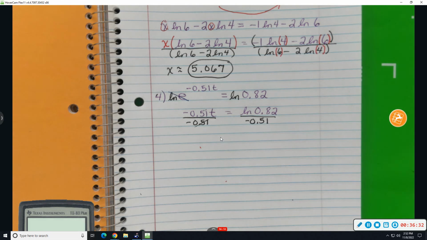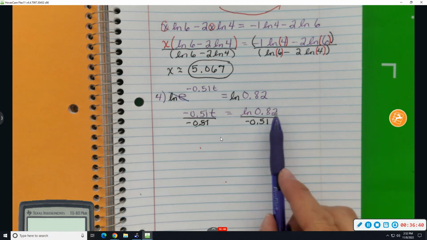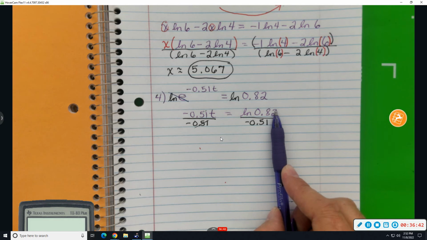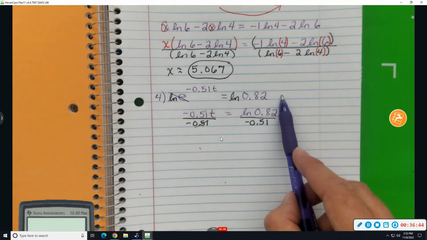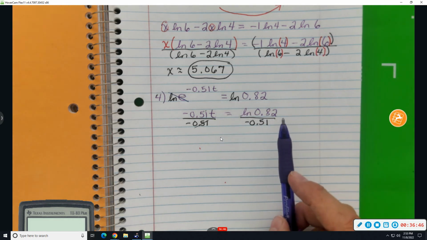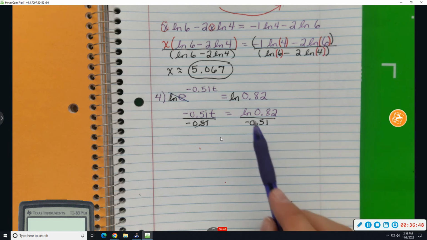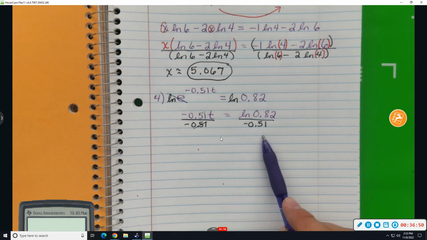That's the stuff we got to punch into our calculator. And there's only one number, that's 0.82 on top, so I don't have to put the parentheses around the top. It wouldn't hurt if I did. I don't have to put parentheses around the bottom. There's one set of parentheses we've got to do.